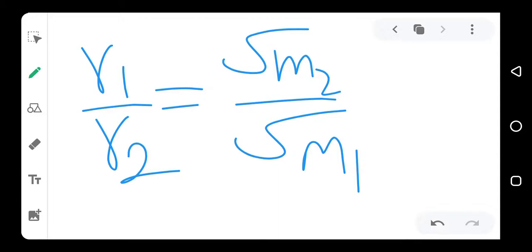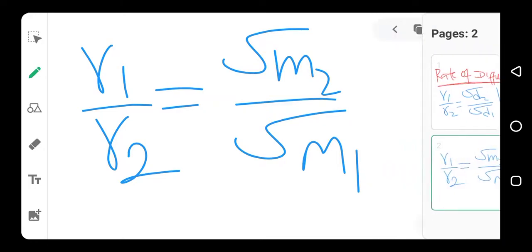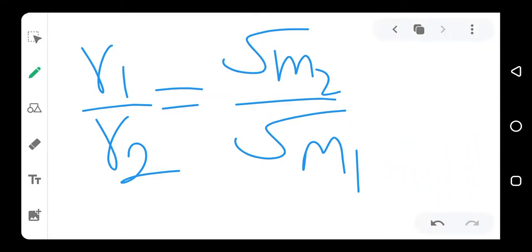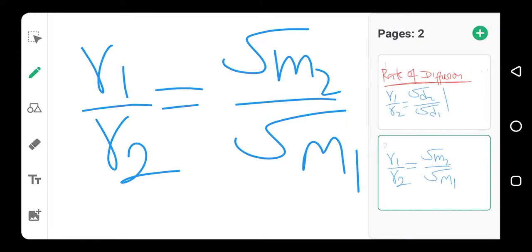We may be given the atomic masses of the atoms of the molecules involved, and then we are given the rate of diffusion of the gases. If we have that, we can calculate the molecular mass of the gases by using their atomic masses. Here, when we are given the rate of diffusion and molecular masses, we use this formula.